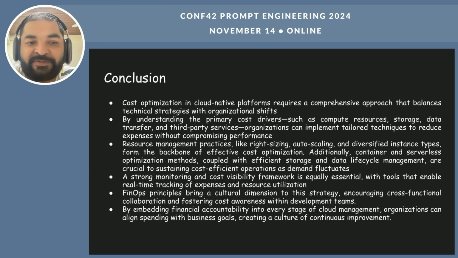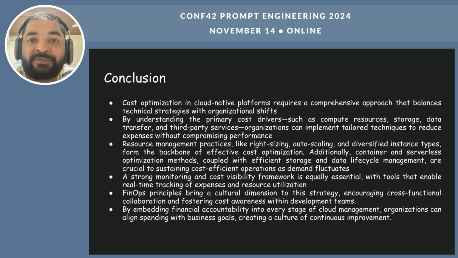FinOps principles bring a cultural dimension to this strategy, encouraging cross-functional collaboration and fostering cost awareness within development teams. I would reiterate that FinOps will help business teams and finance teams understand the cloud expenditure with the help of the engineering teams.